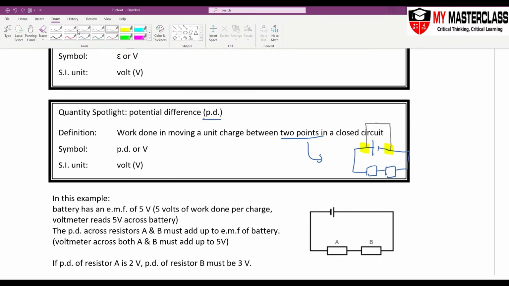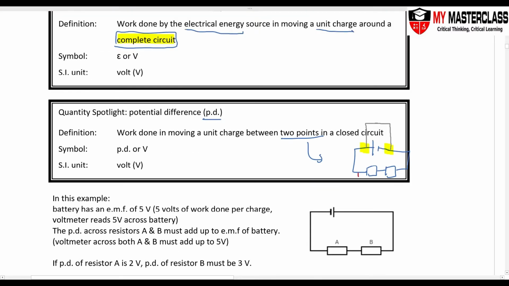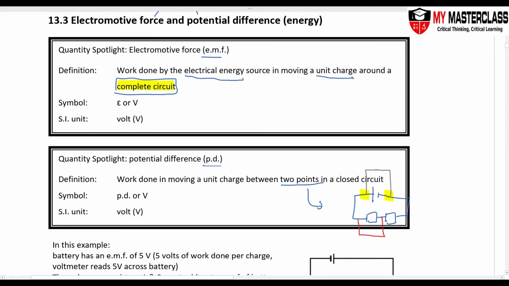If you measure the difference in potential between these 2 points, you wouldn't end up getting the EMF because it's not the whole circuit. So that's the difference between EMF and potential difference. EMF has to be for the whole circuit, while potential difference is between any 2 points.